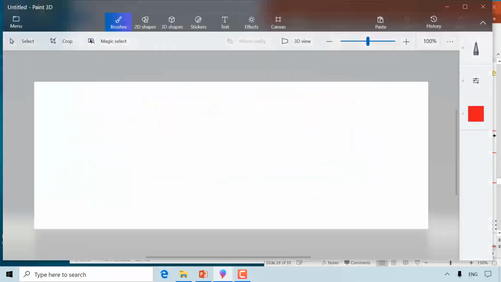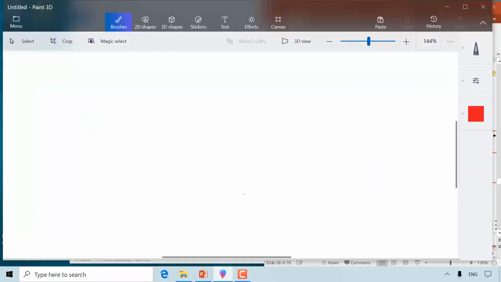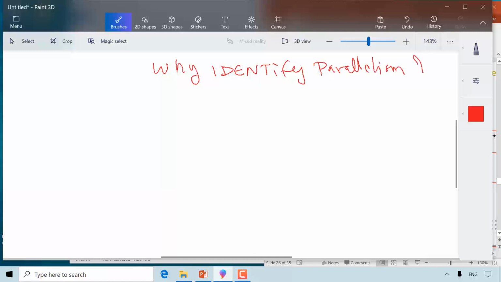So let's talk about why do we need to identify parallelism? Well, to explore spatial design, you need to know the parallelism that exists in your design.